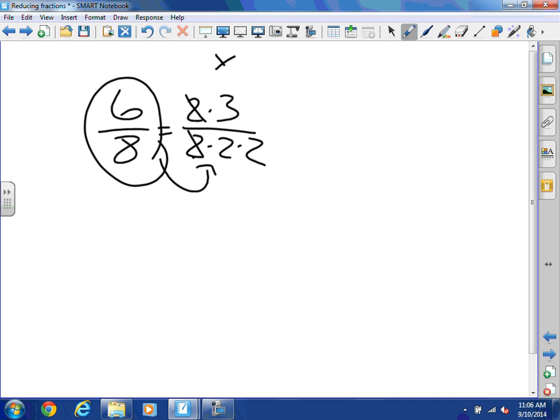I'm really doing the division. 2 divided by 2 is 1. Do I have a 3 divided by 3 anywhere? No. So now when it says multiply the remaining numbers, what is 1 times 3? 3. And then what is 1 times 2 times 2? 4. All I'm doing when I cross cancel, you guys, is I'm doing the division first. That's it.